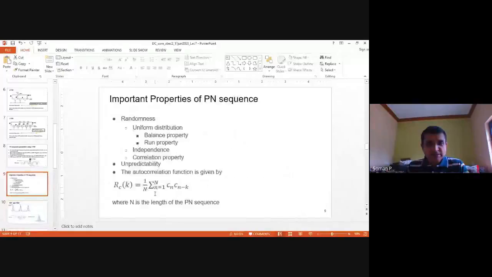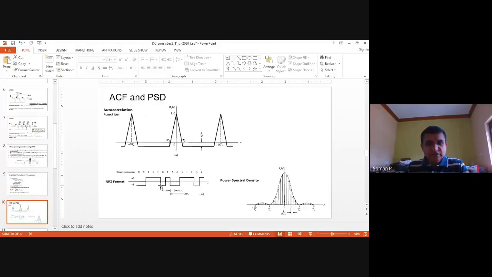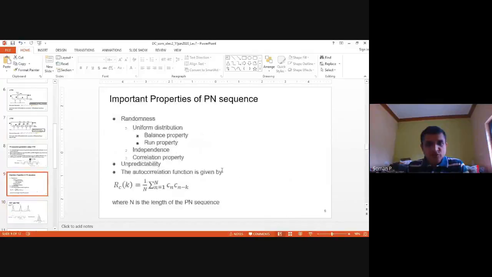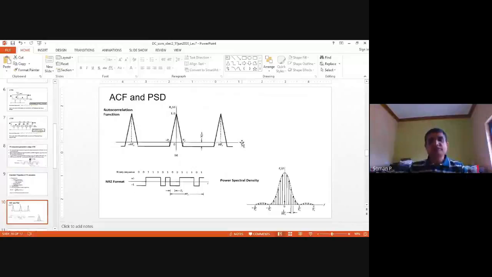That is 1 by n summation c_n minus k, and the summation variable is n equal to 1 to n. Here k corresponds to tau in the figure. So for k equal to 0, you are comparing with the same waveform. In that equation, the autocorrelation function will be 1.